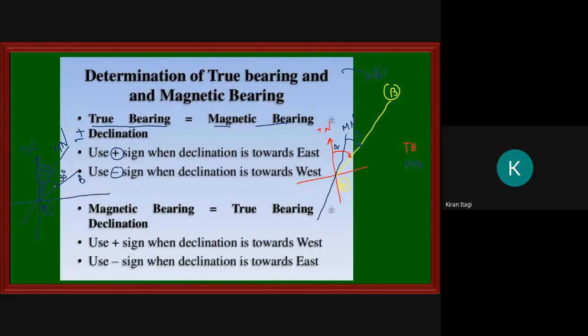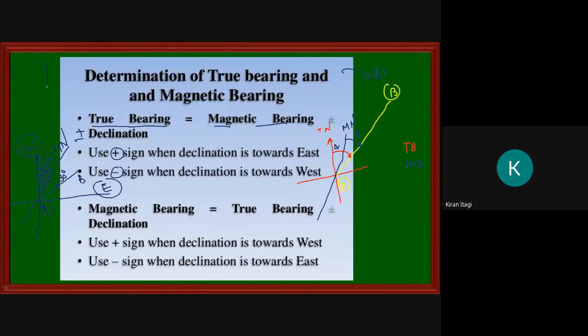You are missing this much with respect to true north. Then if you are missing this much, do you add or subtract? I'm asking you. Add, sir. Yes, you will add it. So if the declination is towards the east, you should add it.